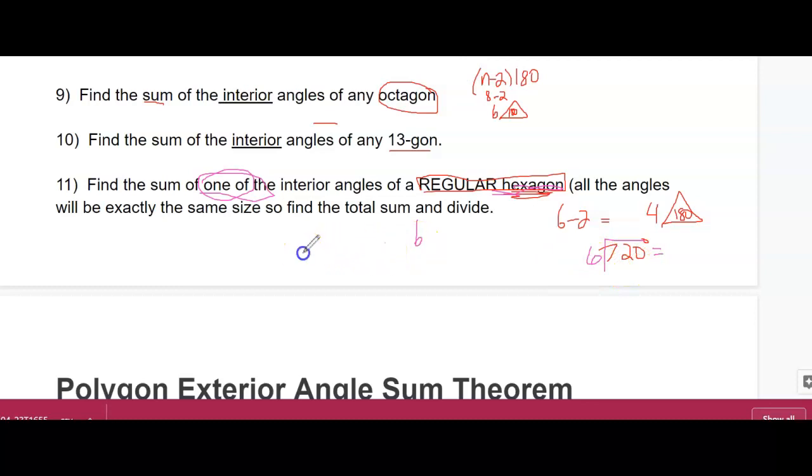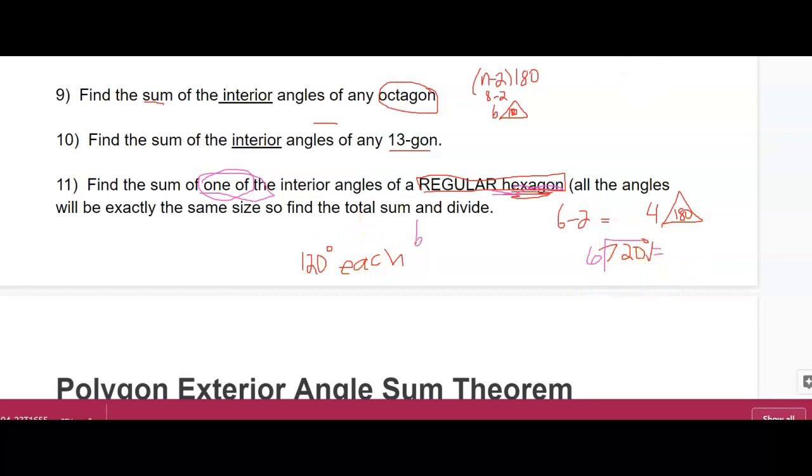You should have gotten 120 degrees. So each angle is 120 degrees because they're all the same, because it is a regular hexagon. So all 6 angles, 120, 120, 120, 120, 120 plus 120 equals 720.